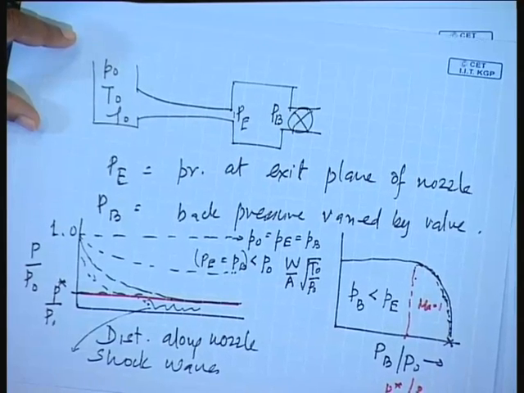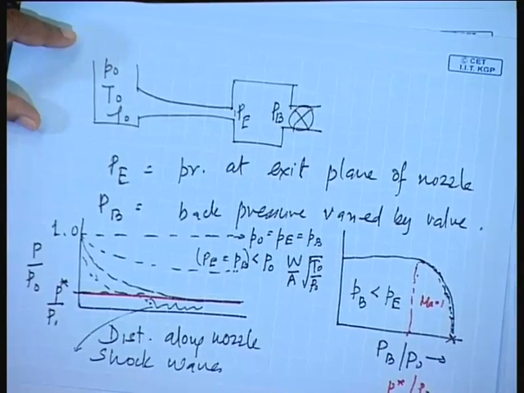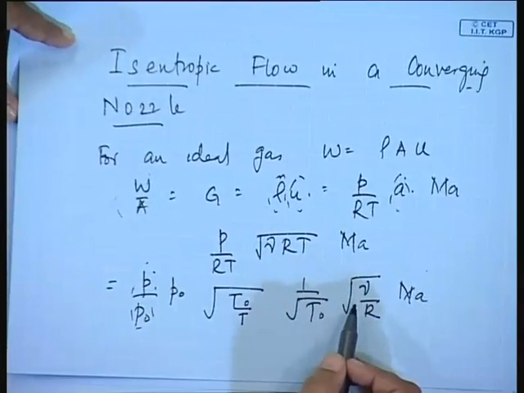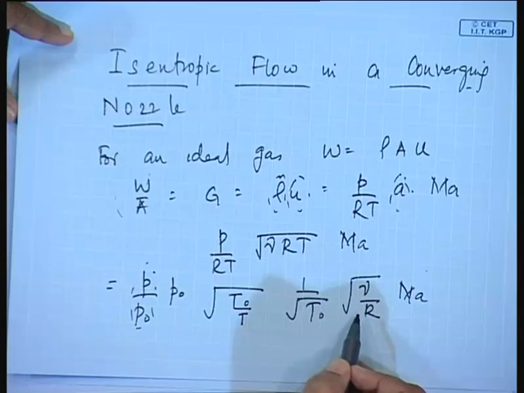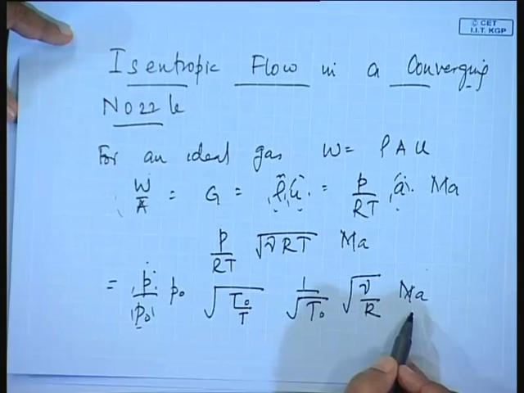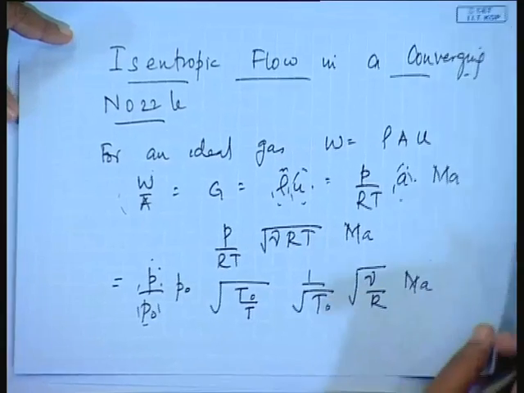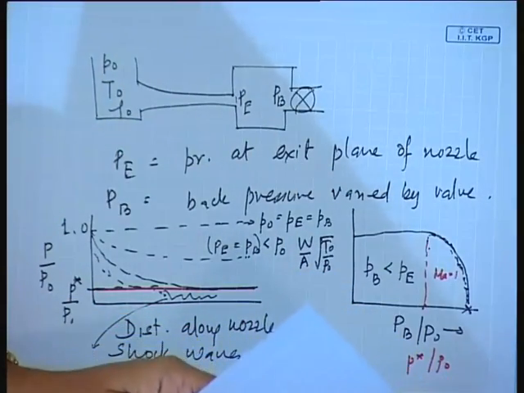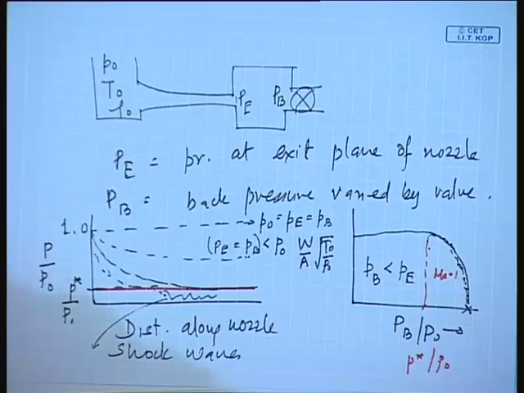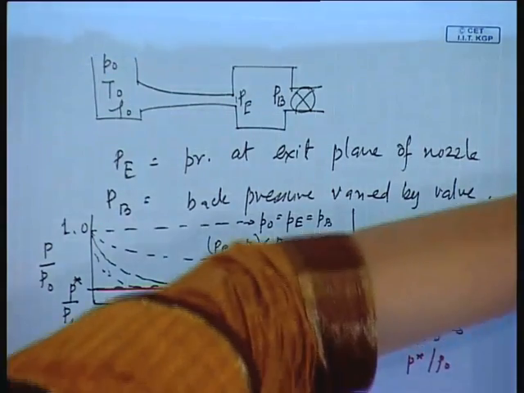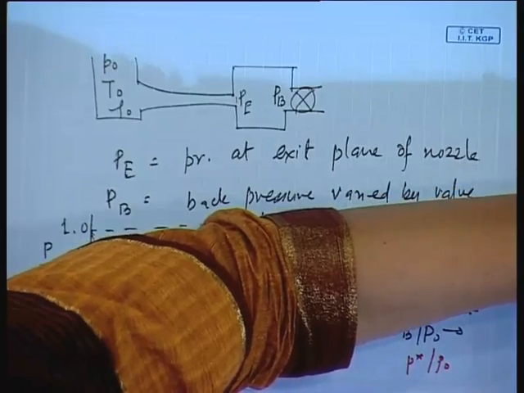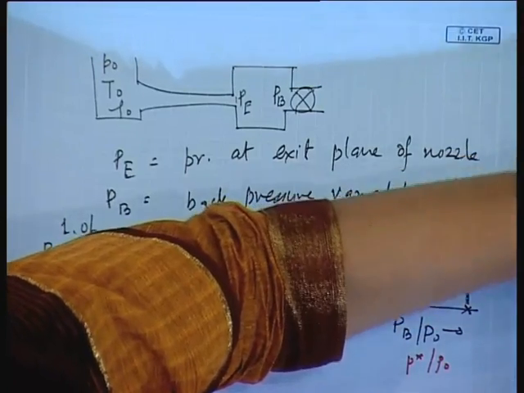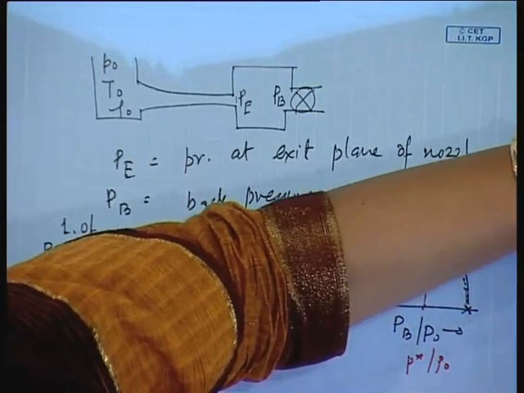So, we find that for the maximum conditions, we can get it for Mach number equal to 1, isn't it? Where did I keep the final slide where I had deduced this condition?